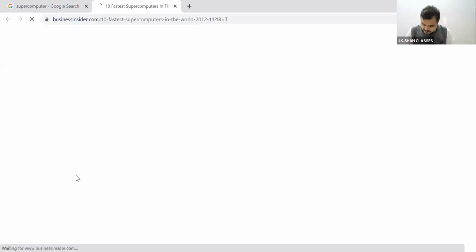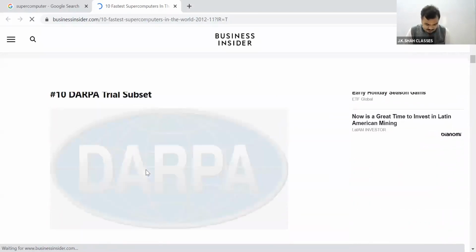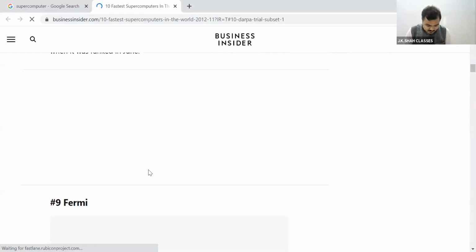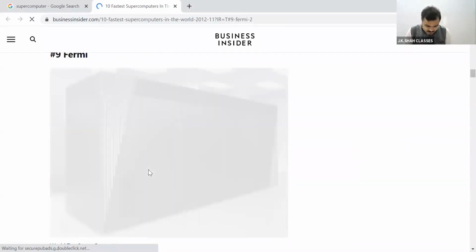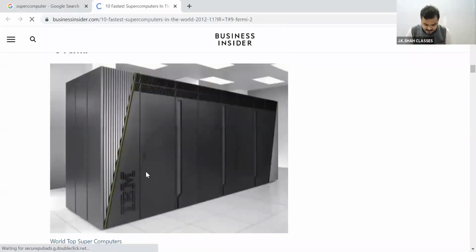You will get some superior knowledge here. This one is DARPA from the USA, Fermi, and you can see this was developed by IBM.